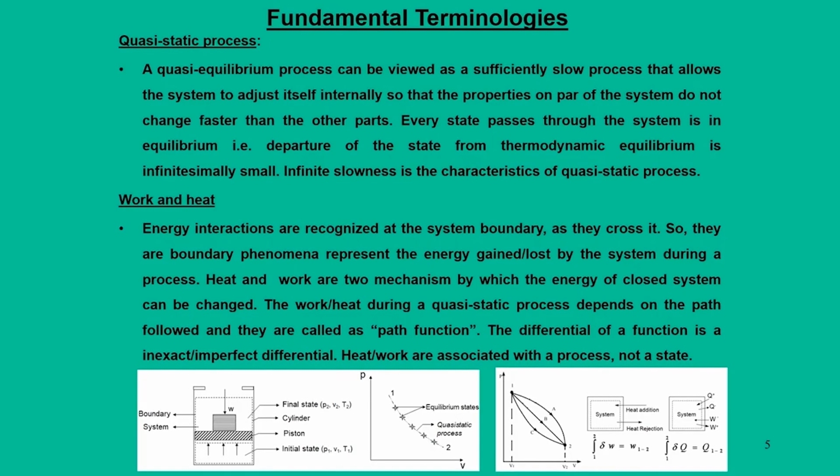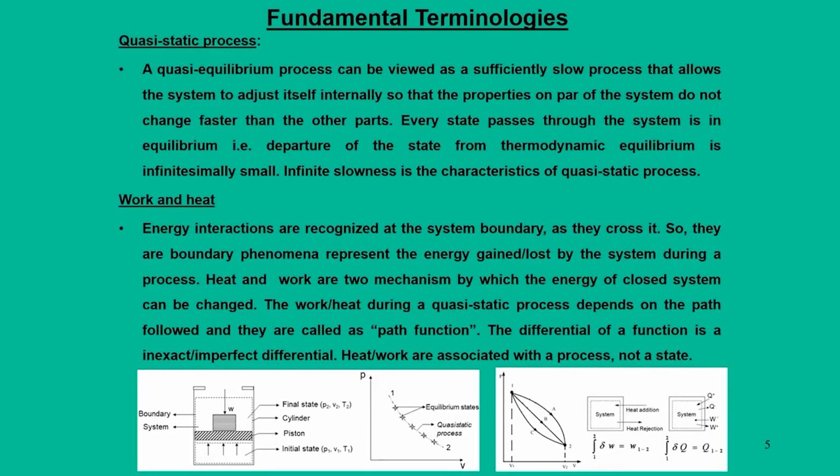Then we view the system as undergoing a series of changes that happen very slowly. As a result, although there is a change internally, the external effect of this change is negligible, because the system is always in equilibrium with its surroundings at all points. Such a process we define as a quasi-static process.